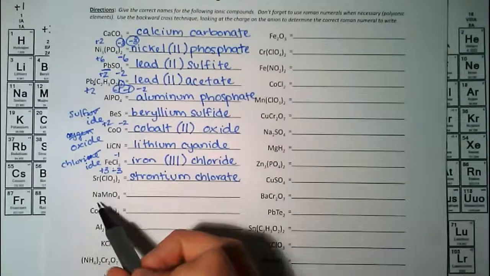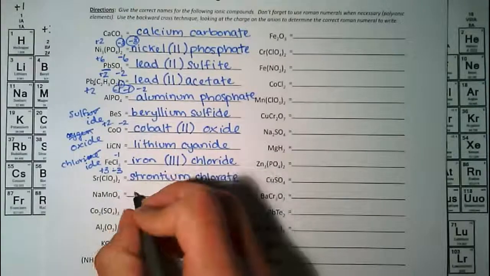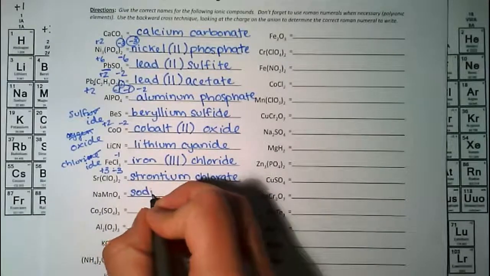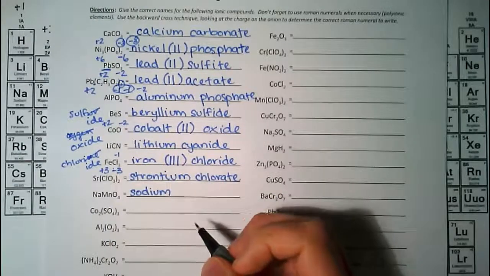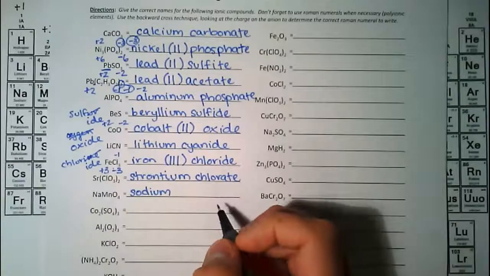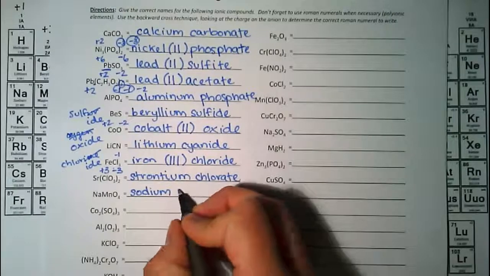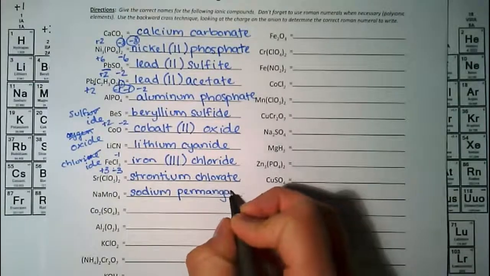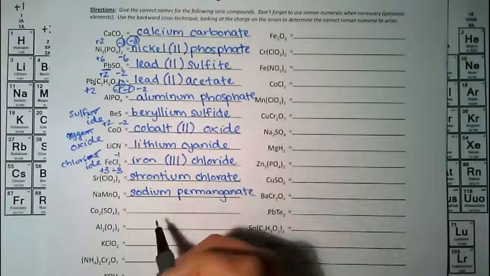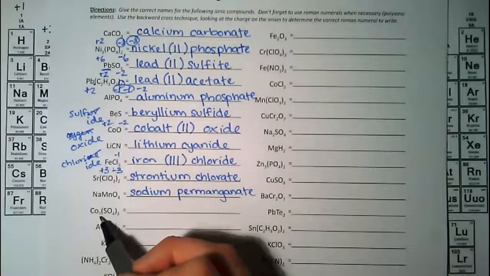Next I have Na, which is sodium. Sodium is a main group metal, so I'm just going to put its name, sodium, no parentheses necessary. And then I have MnO4, which I know is the permanganate ion. And since it's a polyatomic ion, I'm just going to write its name, permanganate, sodium permanganate.